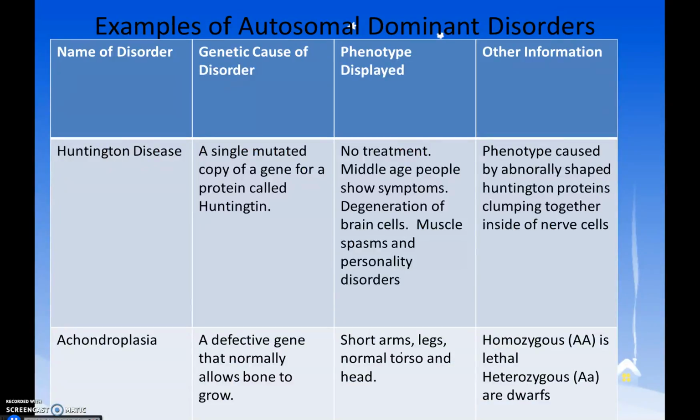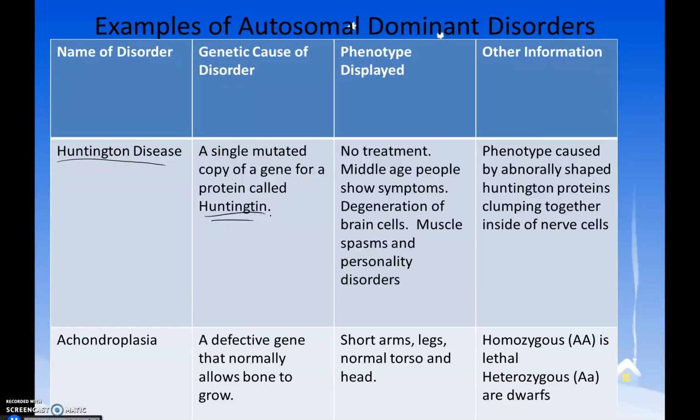Here I'm going to give you two examples of autosomal dominant disorders that affect people. You need to know the two of these as solid examples. The first one's going to be called Huntington disease. Every human makes a protein called Huntington. What this Huntington protein is supposed to do is it helps brain cells to develop properly and to function properly.